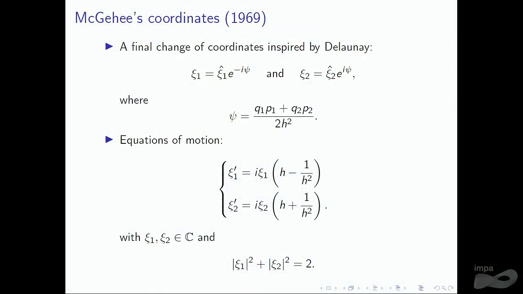It's a periodic orbit. And we can do the opposite, fixing xi1 equal to 0 and taking xi2 equal to the trajectory which rotates in the second factor in a circle with radius square root of 2. It's another periodic orbit of the system, which is the retrograde orbit.